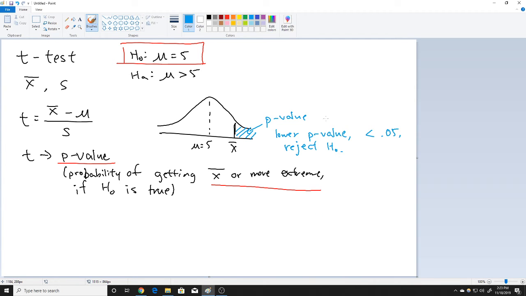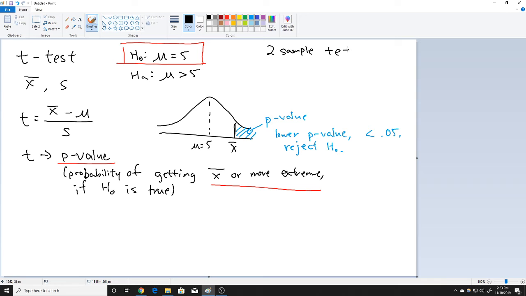We never say anything for sure in stats. There's significant evidence that the null hypothesis is false, but we don't say the alternate hypothesis is true. The point is, if you have a low p-value below 5%, you would reject the null hypothesis. We think it's unlikely that the average is actually 5. It's much more likely that the average is some amount higher than 5. And all this changes slightly for two sample t-tests.